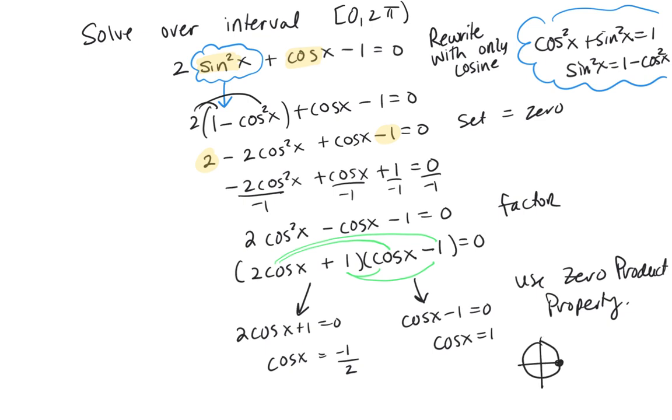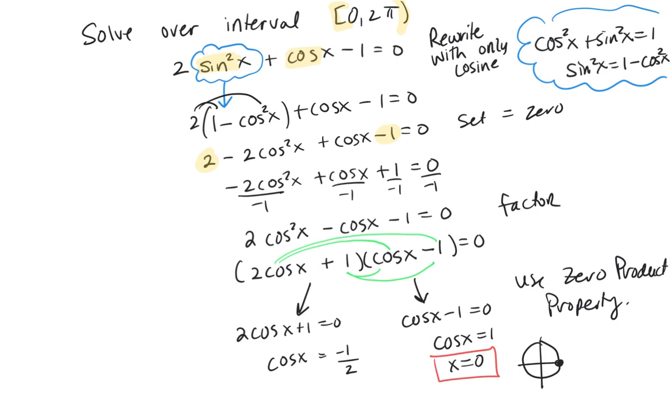And this other one, if we add 1 to both sides, we get cosine of x equals 1. And thinking about the angle that has a cosine output of 1, that angle is 0. 2 pi does as well, but our interval includes 0 but does not include 2 pi. So we're good to go just listing 0.